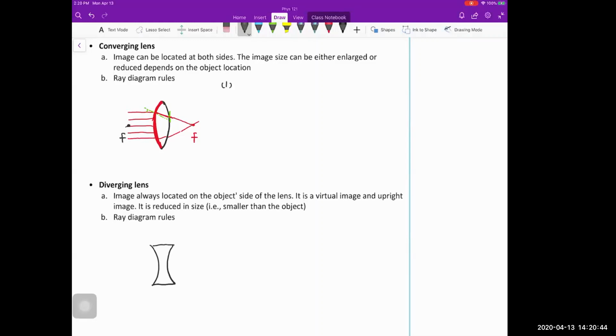The first rule is, if you have a ray that is parallel, it will pass through the lens.